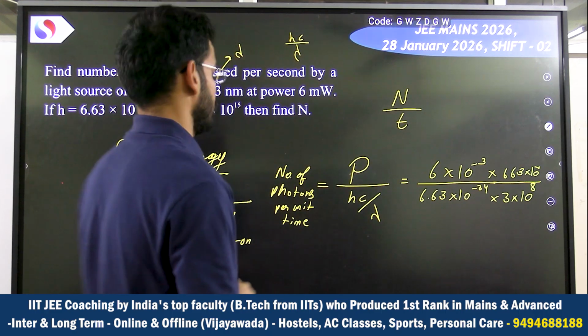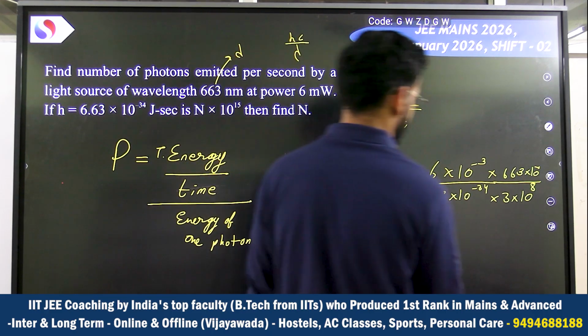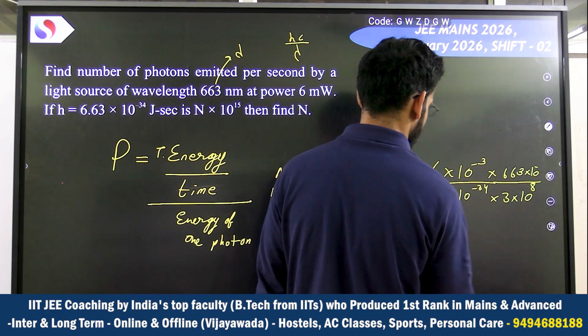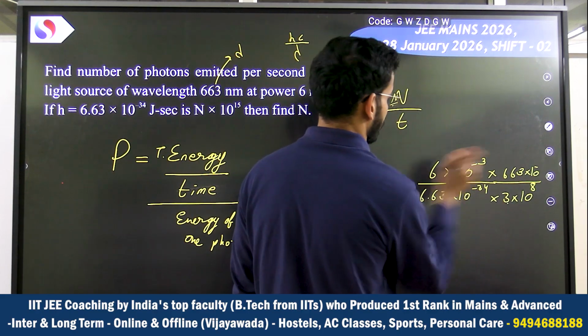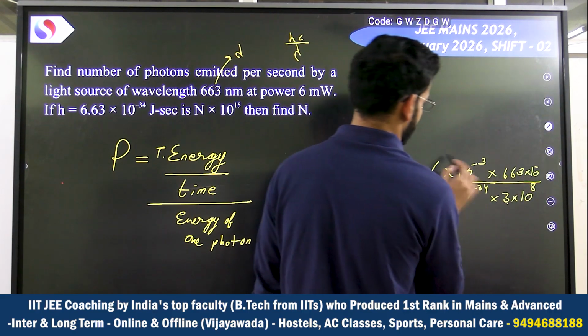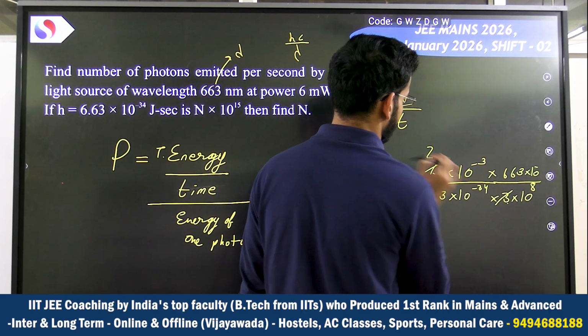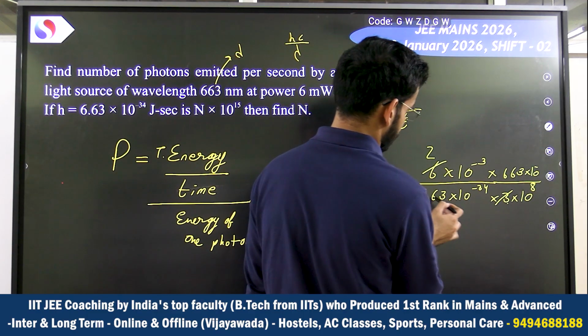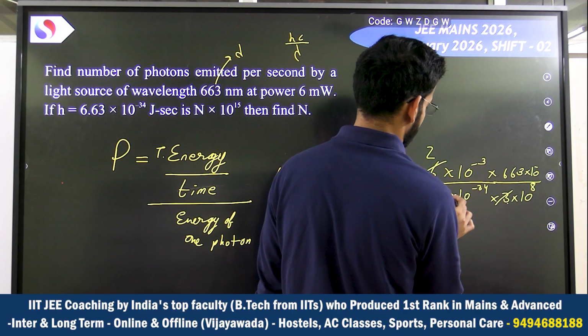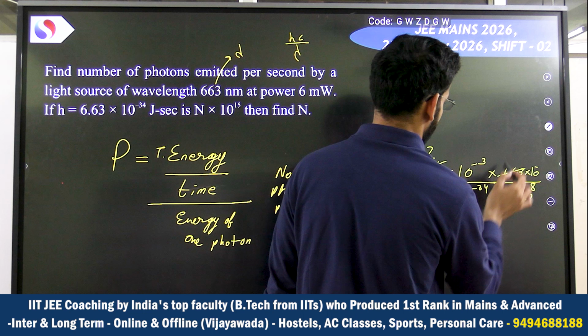Okay, so if we simplify this, let me simplify it for you. This 3 goes 2 times here, and 6.63 and 663, so this will cancel out 100 times, right?